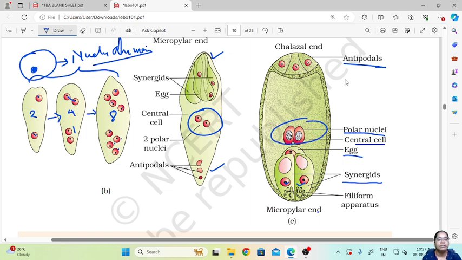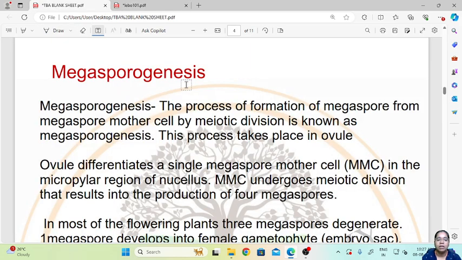This is called the mature embryo sac, which will undergo fertilization and form the fruit and then the seed. This is how the megasporogenesis process happens in the flower.